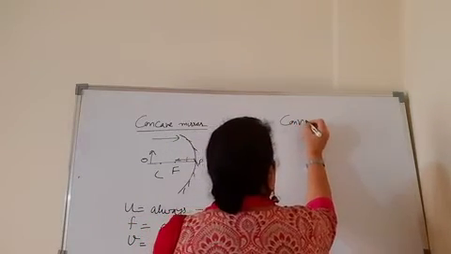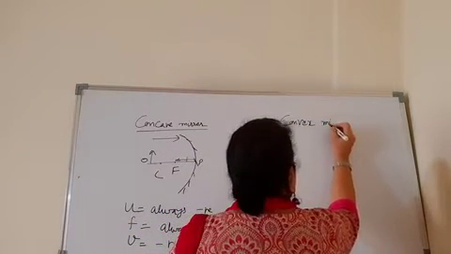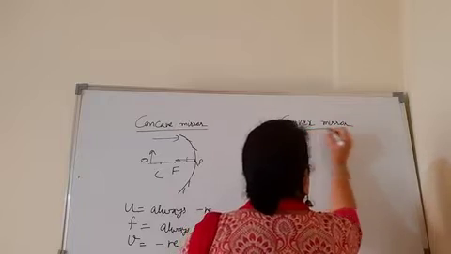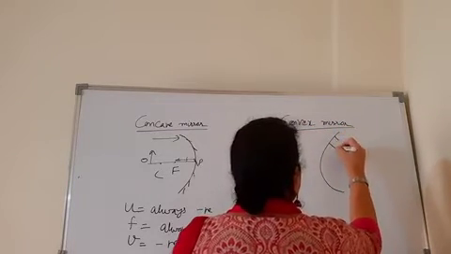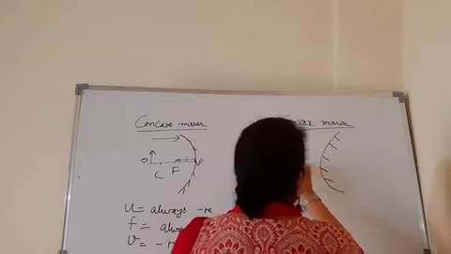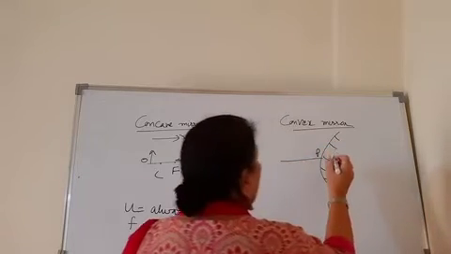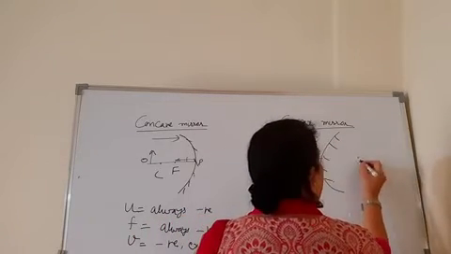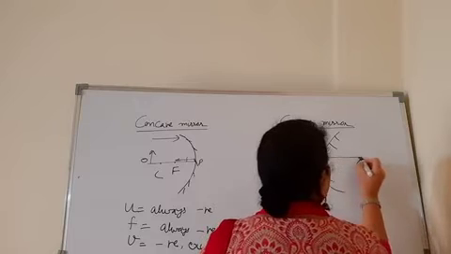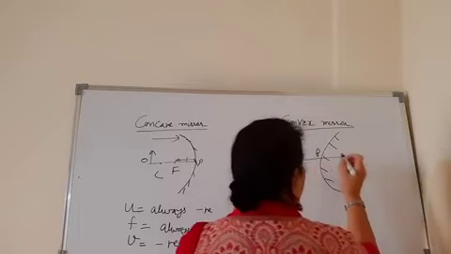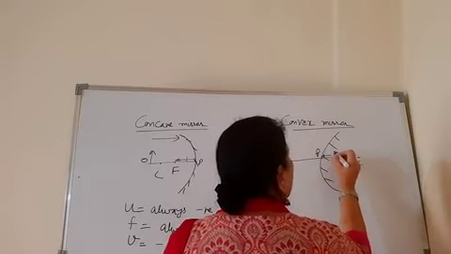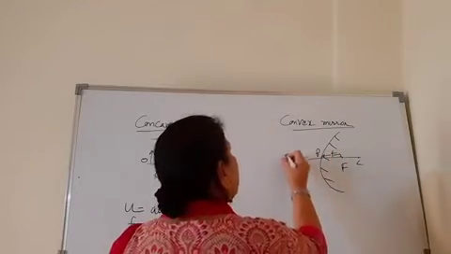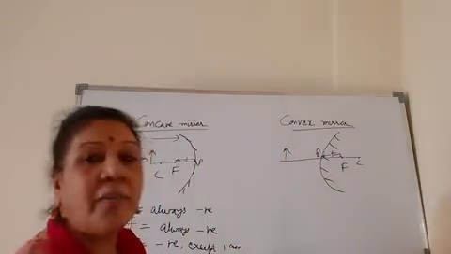Now let's talk about the convex mirrors. So convex mirror is this way, it's like this. Say this is P. Now the center of curvature lies behind the mirror, and so is F. So this is the focal length. Object will be placed somewhere here in front of the mirror.